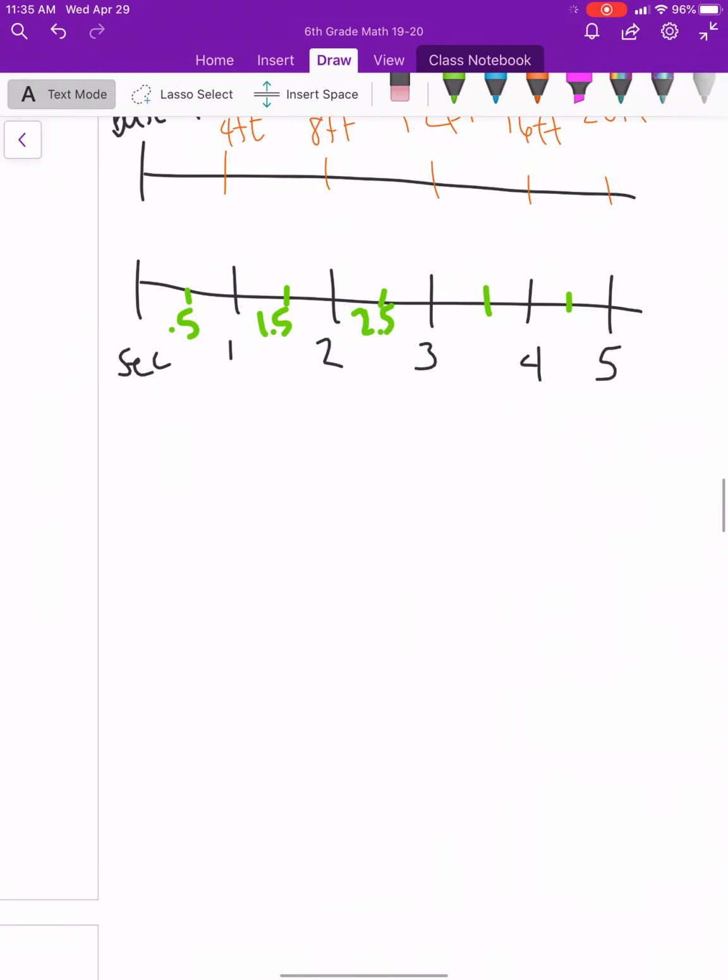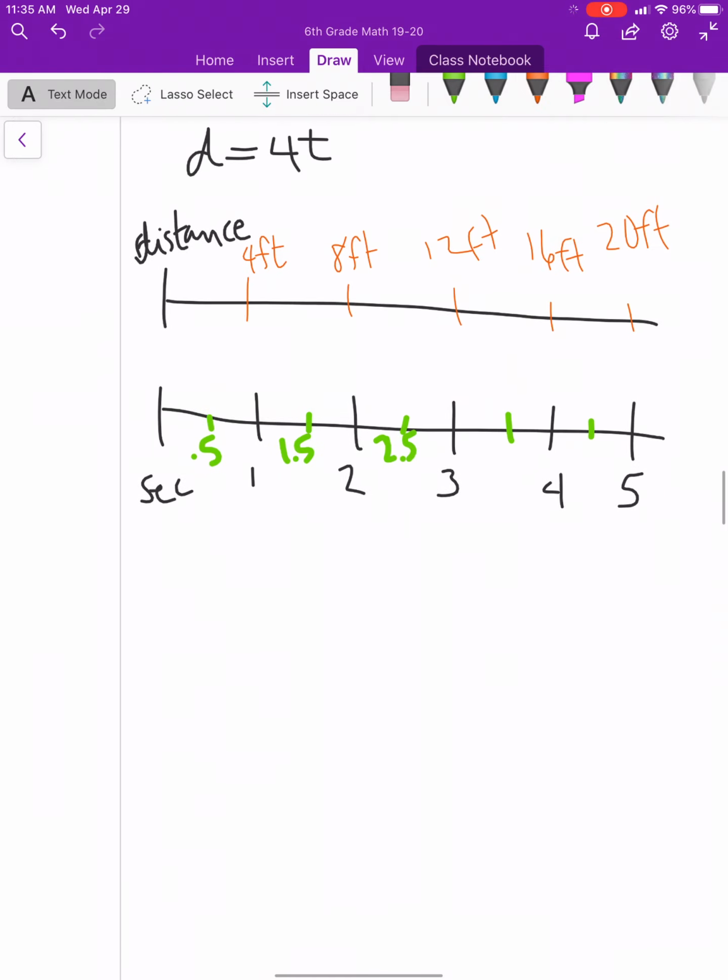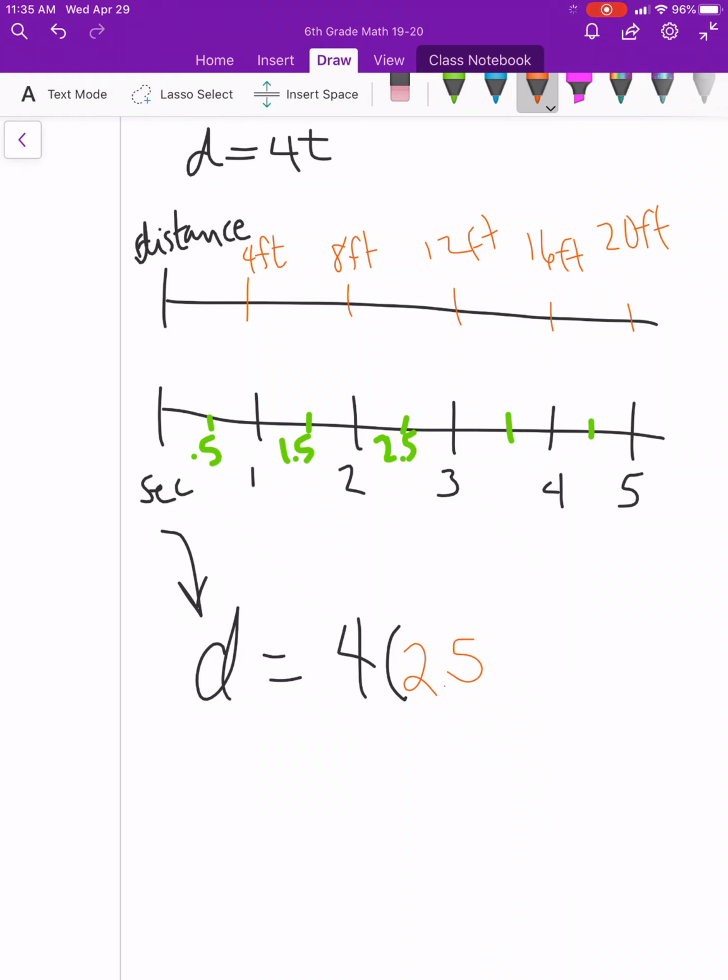So if I look over here, I would write d, distance. How far did they walk? That's what I'm solving for. How far did they walk in 4 times the time, which is 2.5. And then I would just solve that.